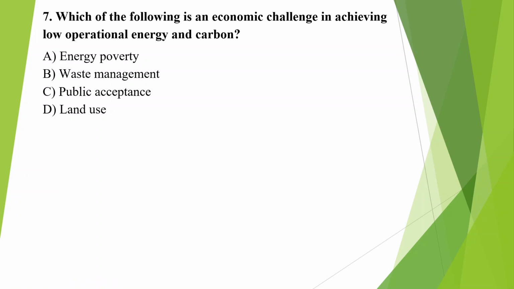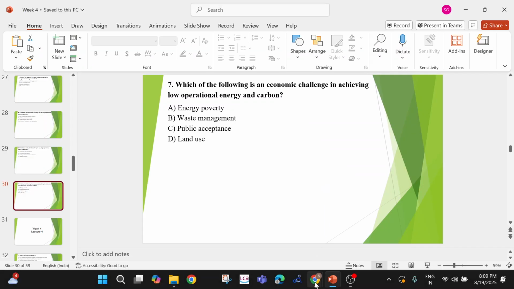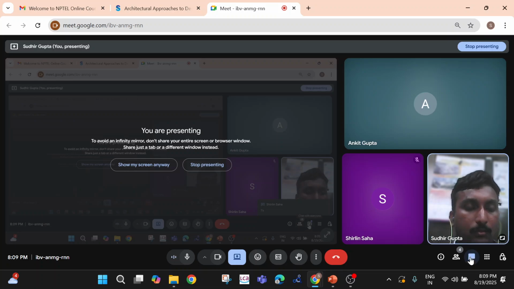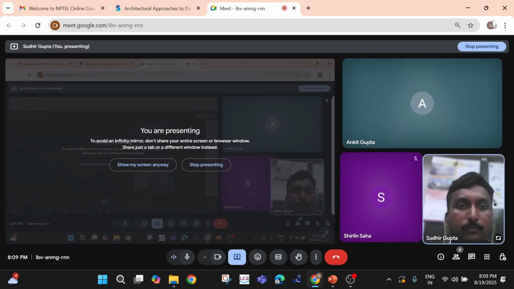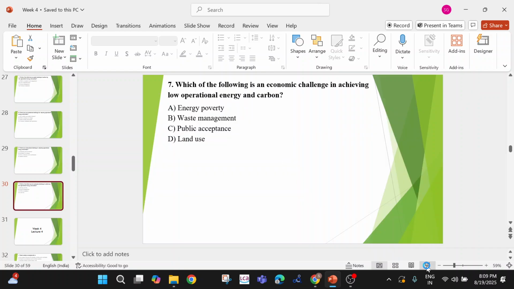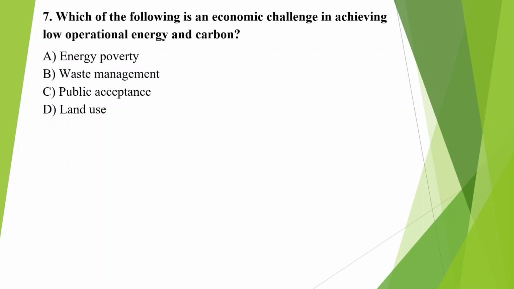Try to give your answers for these economic challenges in achieving low operational energy and carbon out of the 4 options: energy poverty, waste management, public acceptance, or land use. Which is the correct answer? As I can see, 7A has been marked by most of you, and this 7A is the correct answer for this question, energy poverty.